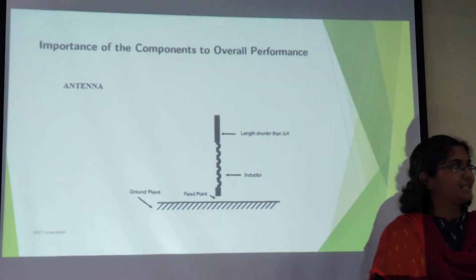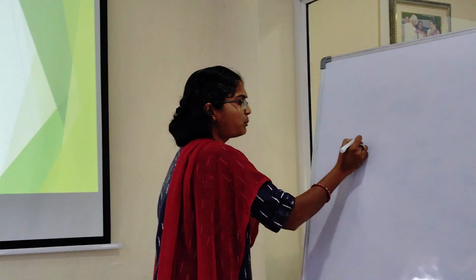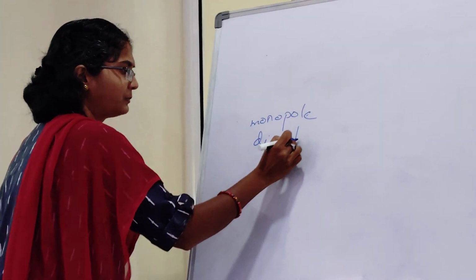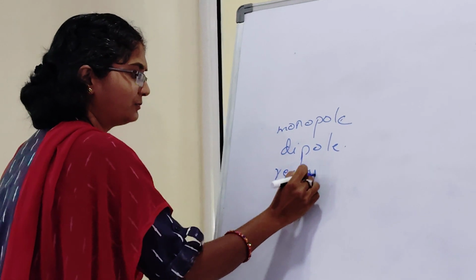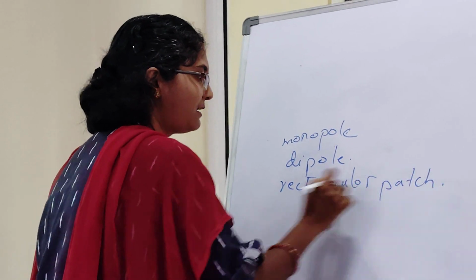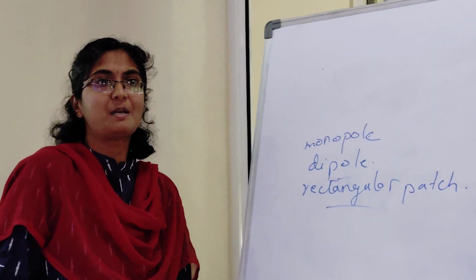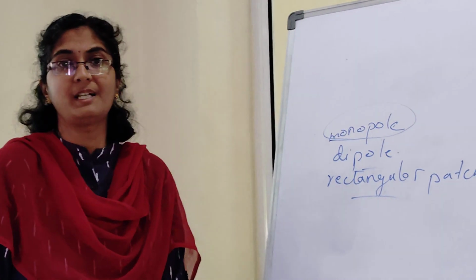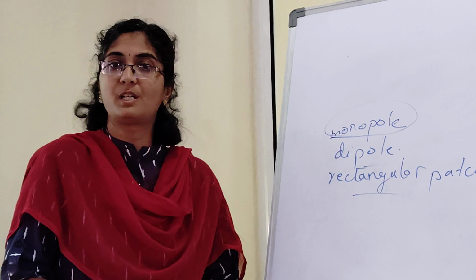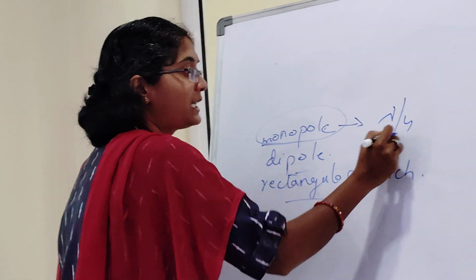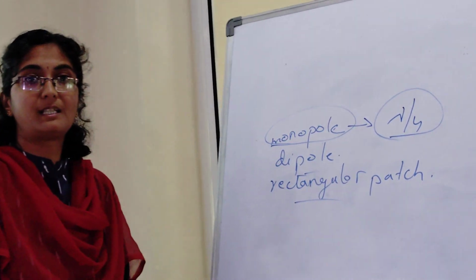There are different types of antennas, like monopole, dipole, rectangular patch, etc. But in the software defined radio, the monopole antenna is mainly opted for the SDR architecture, because first, its resonating length is a quarter of the wavelength of the signal received.